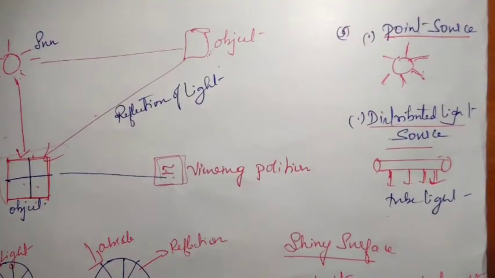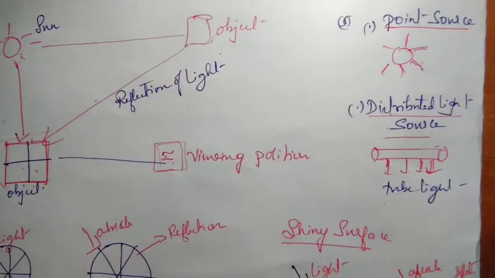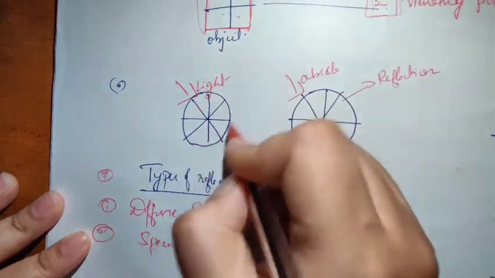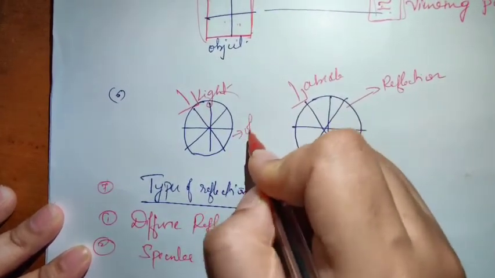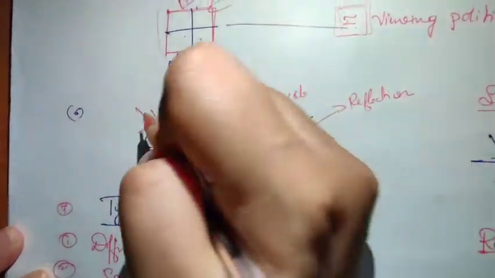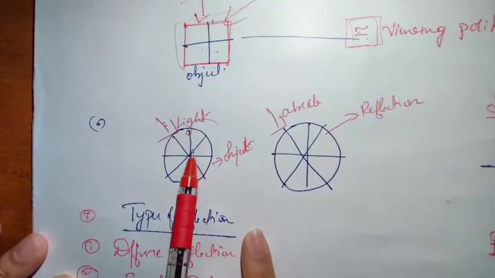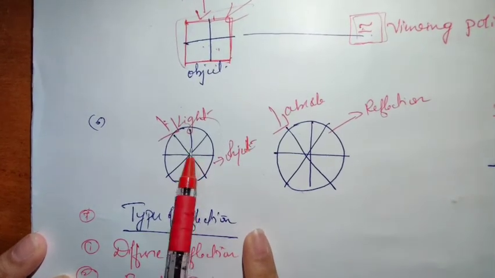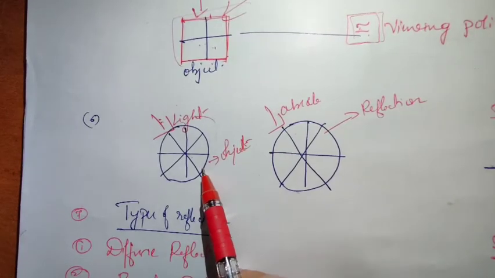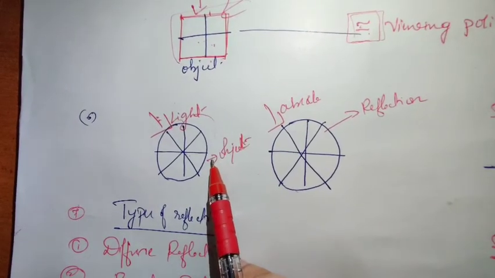Now, if you want to see any object, how can we analyze the light intensity of that object? This is your object. If light falls on this object, the object will absorb some amount of light and reflect some amount of light.